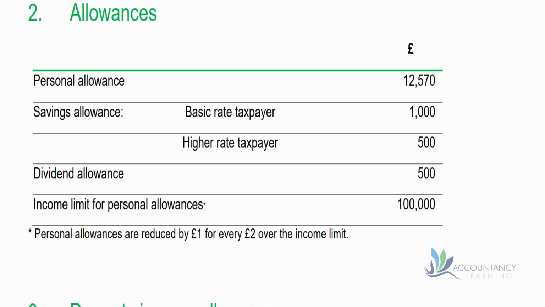So we saw in that diagram that this taxpayer gets into the higher rate band. So we can see then that the higher rate taxpayer for savings has a £500 allowance, and then for dividends there's a £500 allowance as well. It doesn't really matter which band we go into.